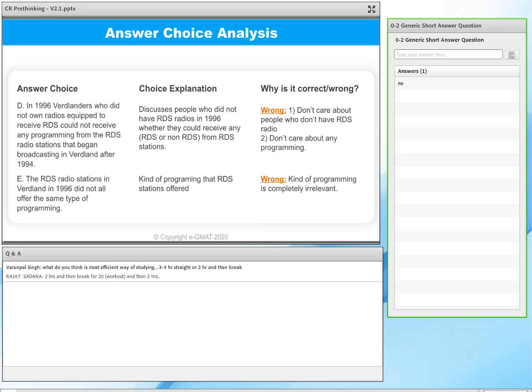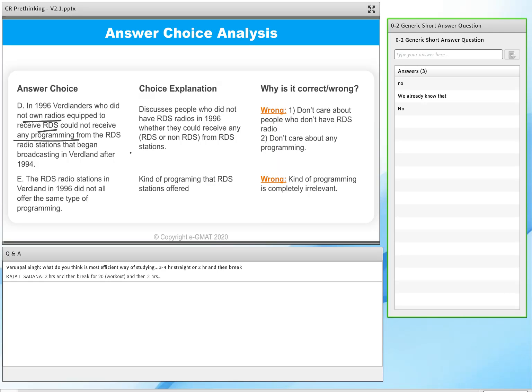Let's look at choice D, the most popular choice. Okay, in 1996, Vs who did not own radios to receive RDS programming. Do we care about people who don't own RDS radios? Do we care about those guys in my conclusion? No. Could not receive any programming. We already know this. Yes.